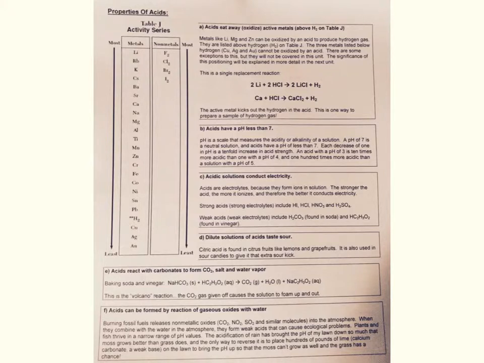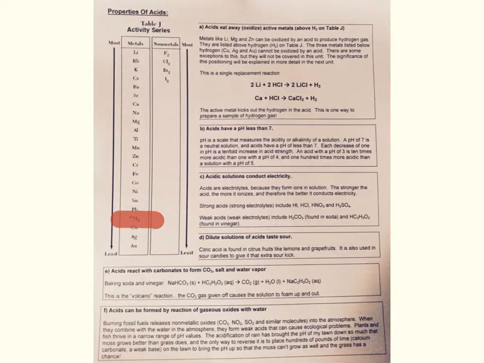Another thing that we need to know about acids is that they eat away or oxidize active metals. So you're kind of familiar with Table J already. You know that the most active metals are on top and the least active on the bottom. So any metal that is above H2 on Table J will react with it in a single replacement reaction.